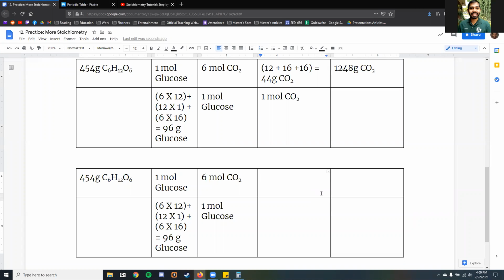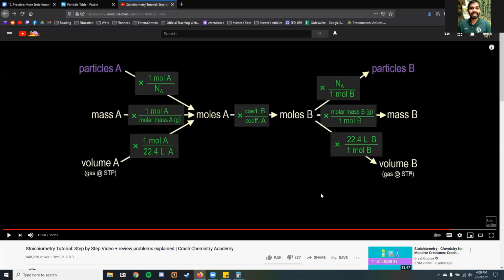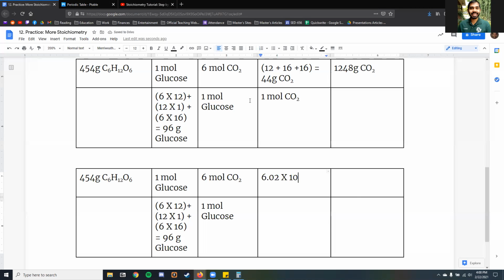So 6 moles times 6.02 times 10 to the 23rd atoms CO2. 1 mole of CO2 on the bottom. And so the units will cancel out.